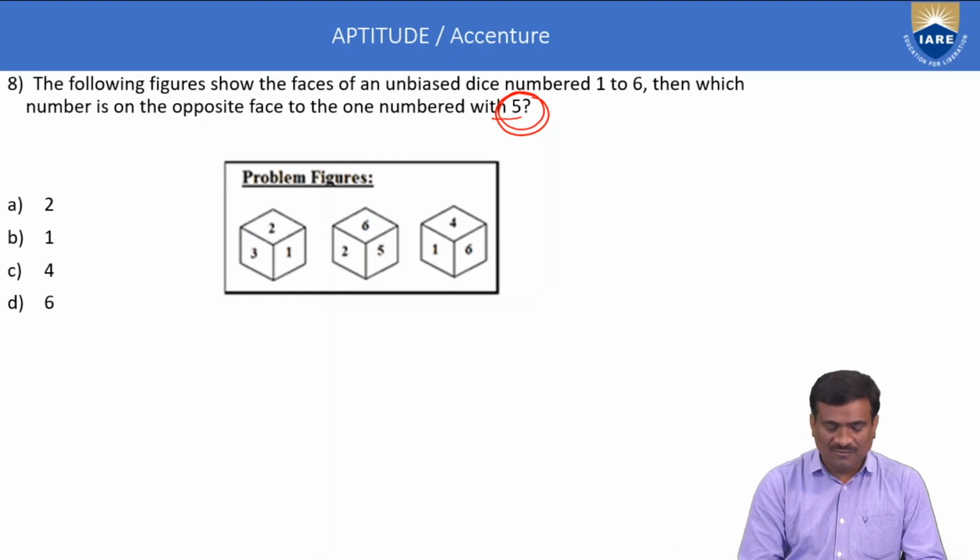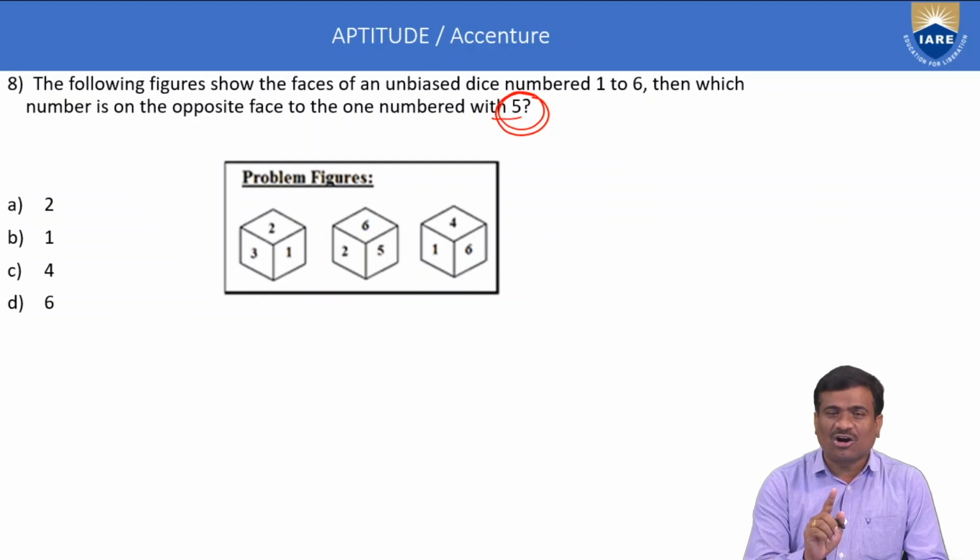Method: first dice 1, 2, 3. Second 2, 6, 5. Third 1, 4, 6. A dice contains 6 faces. Here we calculate only the opposite to 5. By using the above three diagrams and the second statement, 5's adjacent sides are 2 and 6, so these two are not opposite.